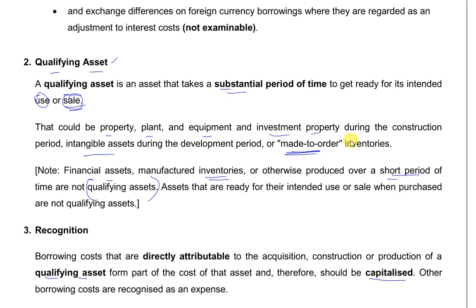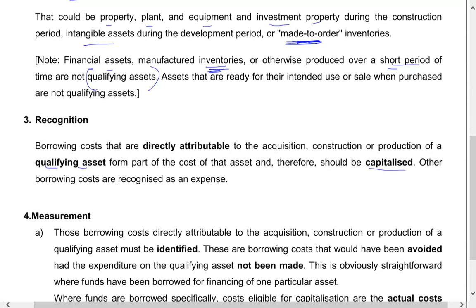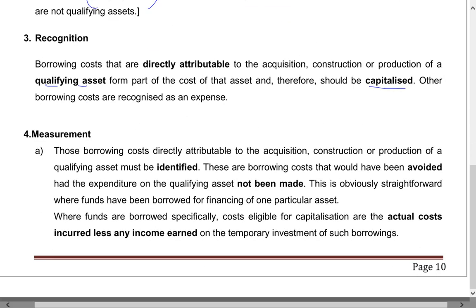But over here, made to order is like Rolls Royce. Rolls Royce is specific. So the specification is made to order, another customer will have a different specification. Then made to order, that one, yes, you can capitalize. But inventory, like mass-produced pen and pencil, is for the mass market, so we don't. It's also for sale. This one is also for sale.